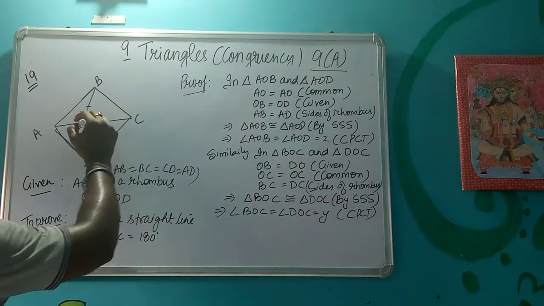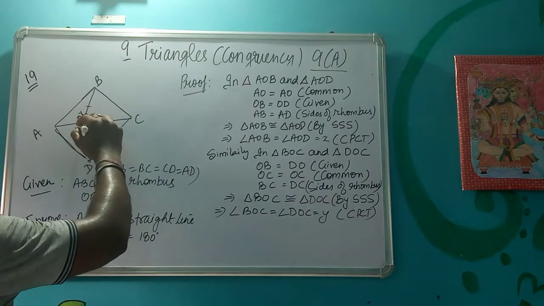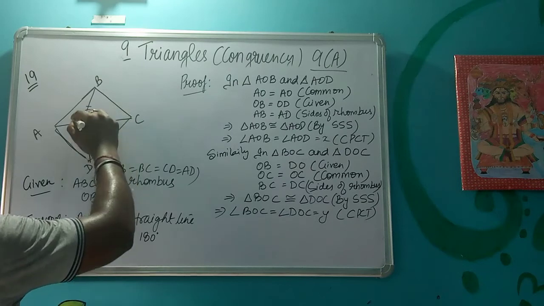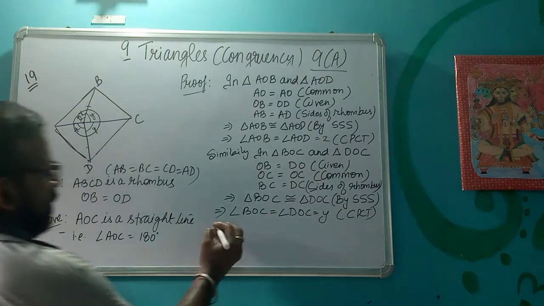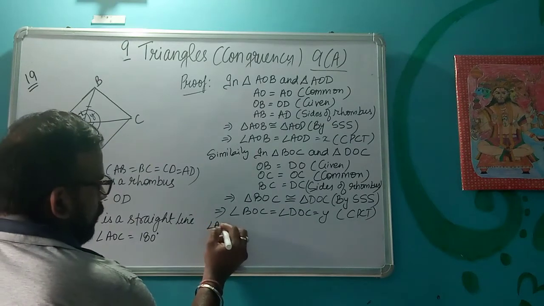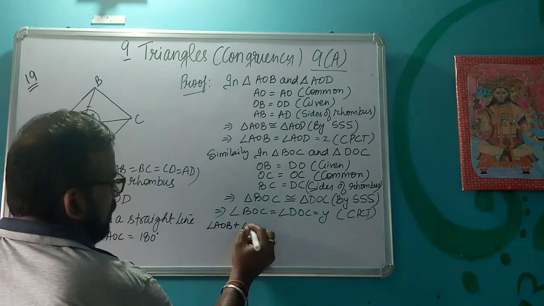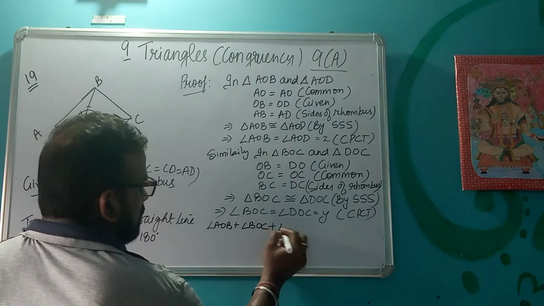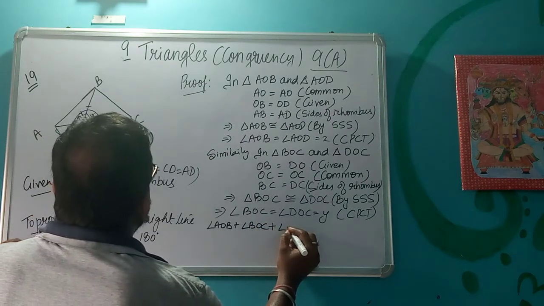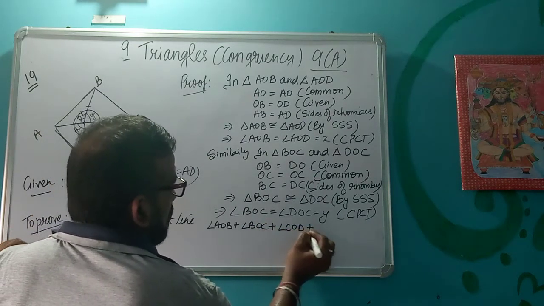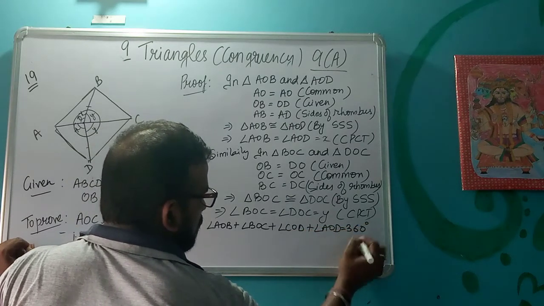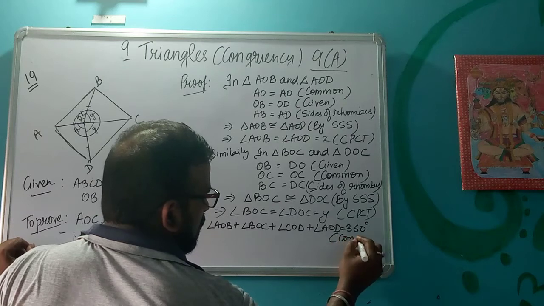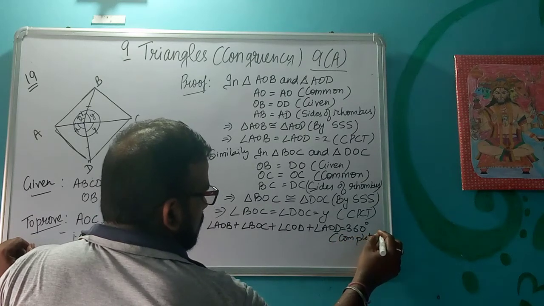Now if you see very carefully, this is a point and the angle about this point is always equal to 360 degrees. So we will write angle AOB plus angle BOC plus angle COD plus angle AOD equals 360 degrees, because they are forming the complete angle.